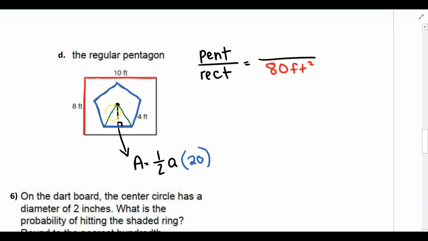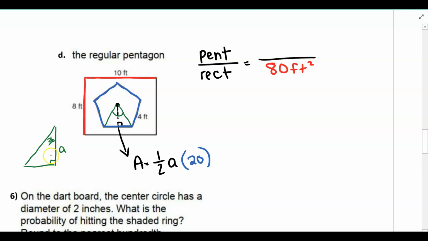And I know the measure of the entire central angle because a full circle is 360, and I can see that this is being divided into 5, so each entire central angle is 72, which means if I focus on one side of this triangle here, I can find my apothem using half of that 72 angle, which is 36 degrees.